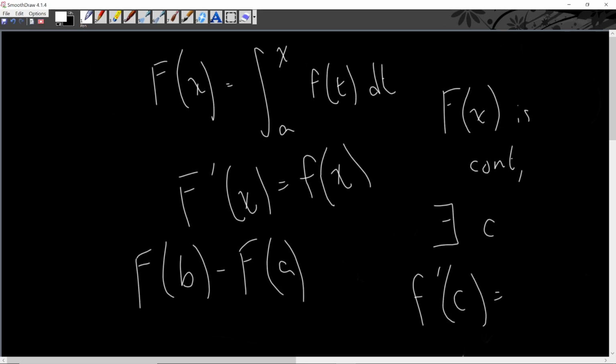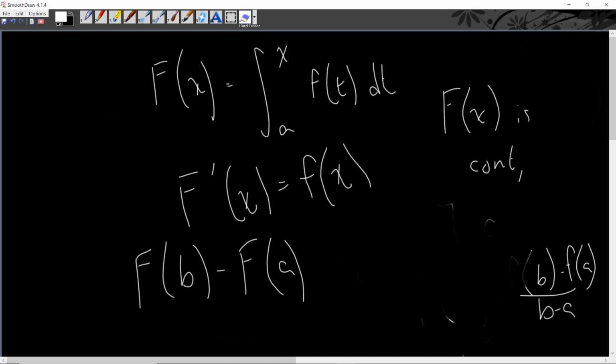So F prime c is equal to F of b minus F of a over b minus a, which again is going to be the average rate of change, or another way of writing the derivative. Well, this isn't the instantaneous rate of change, so it's not the derivative, but it is just another expression of continuous change, so it's kind of like in the same niche as a derivative. It's the average rate of change, so F prime c is supposed to be equal to F of b minus F of a over b minus a.